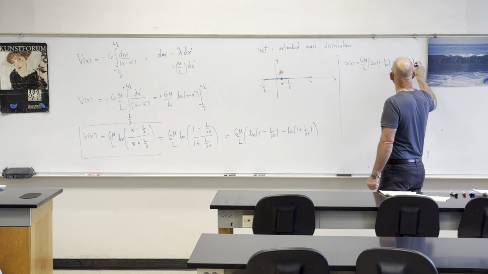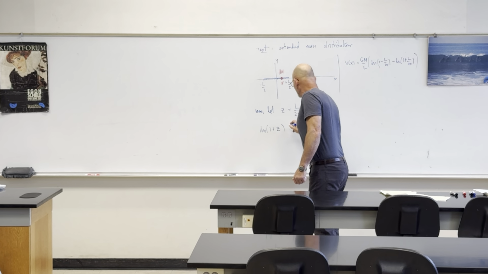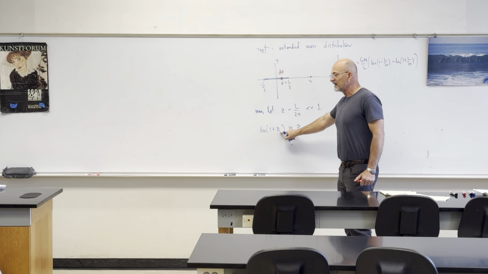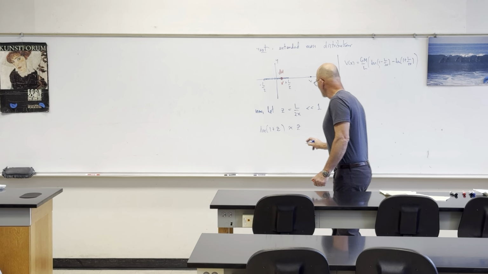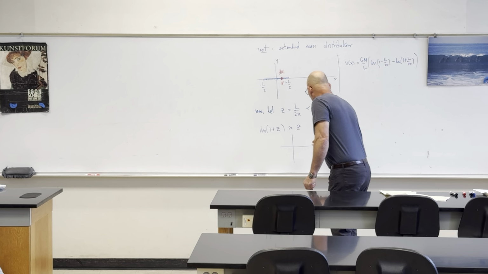What's the series expansion of the natural log of 1 plus z? It starts out just being linear in that small quantity. In fact, you can do the Taylor series, but the natural log does this: when at 1, it goes to 0.